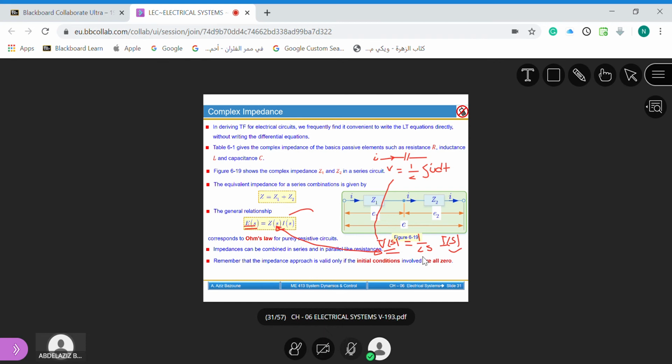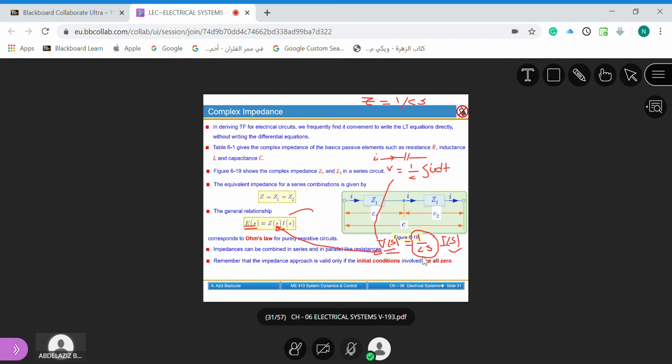So what will be Z? Z will be 1 over CS. The Z for the capacitor is simply 1 over CS.